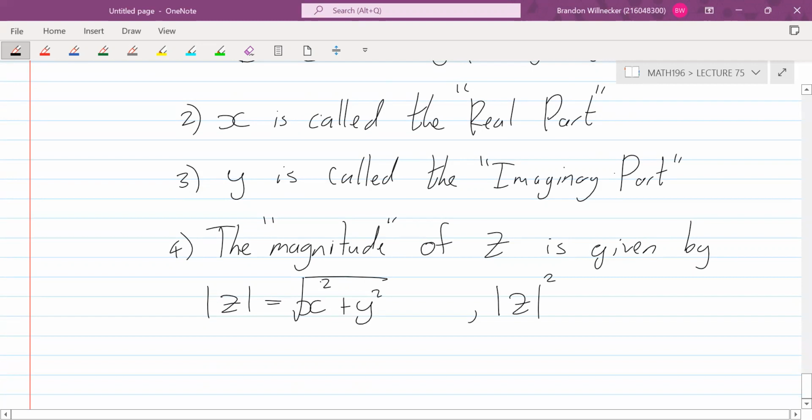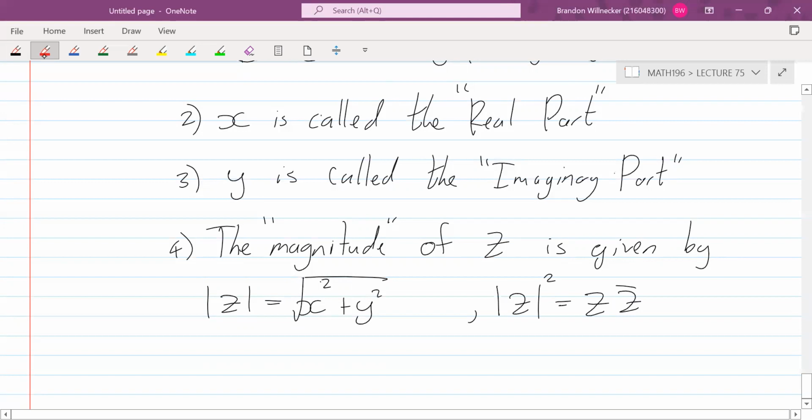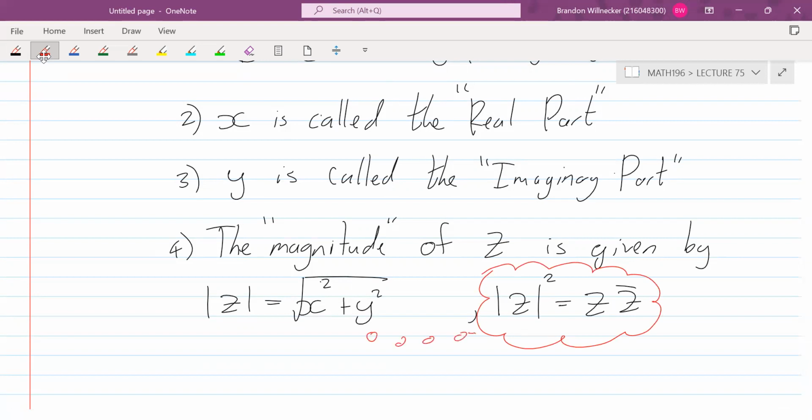We say that the magnitude of z squared is equal to z times z bar. This right-hand side expression doesn't mention x and y. It just refers to z, but it gives us the same thing. So if you don't want to write it in terms of x and y, you can write it as z times z bar.